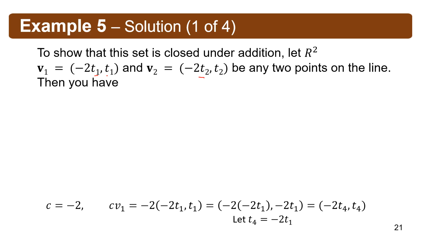For the first equation, x plus 2y equal to 0, the solution is negative 2t, where t is any real number. With that form, if we have v sub 1, let's name the parameter t sub 1. By the way, you can use other letters.